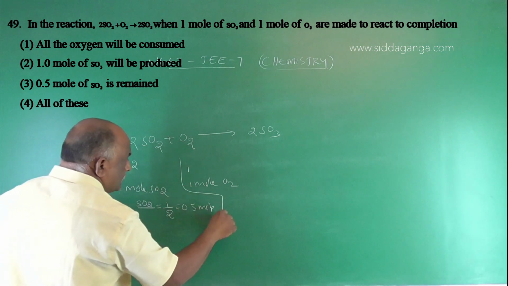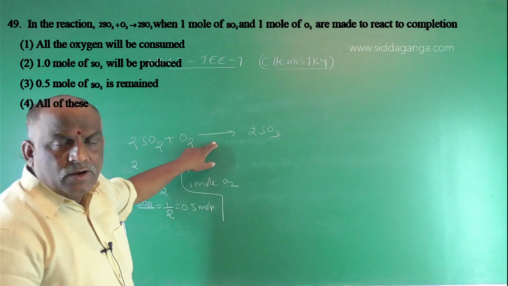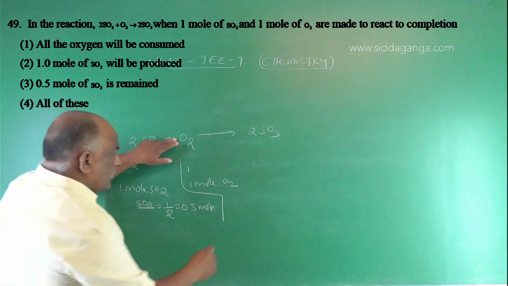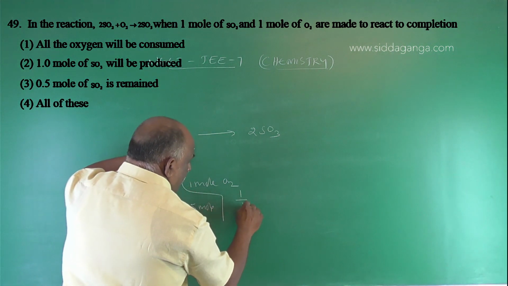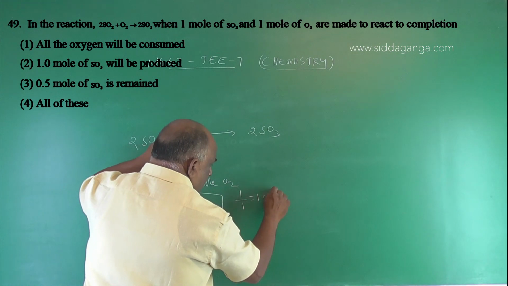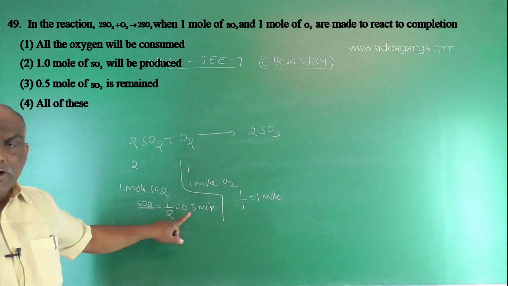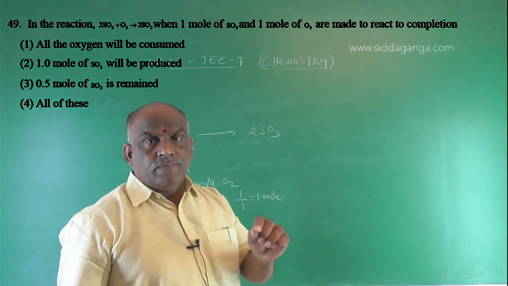On the other hand, for 1 mole of O2, the stoichiometric coefficient is 1, so 1 by 1 is 1 mole.